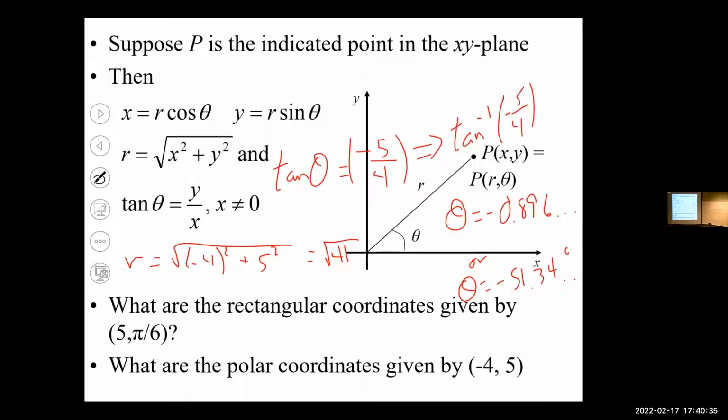In fact, what quadrant do those angles lie in? The fourth quadrant. What quadrant does the point (-4, 5) lie in? It lies in the second quadrant, right? So two issues with these angles.